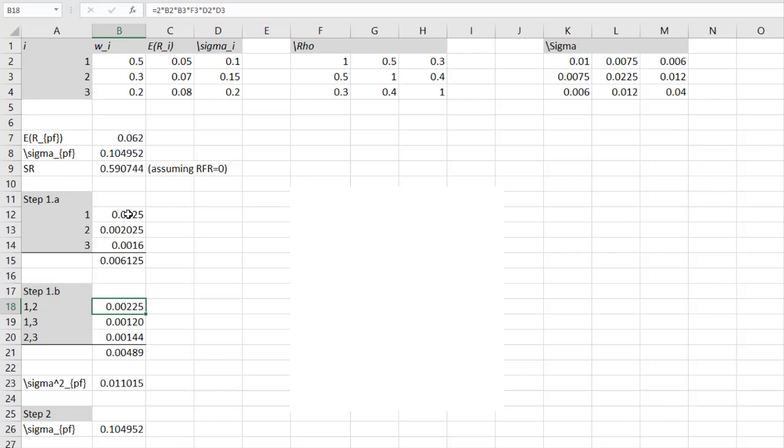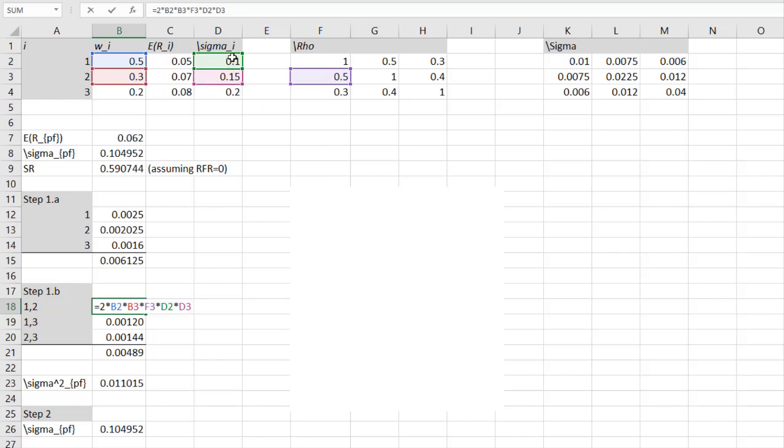For each of these combinations, we had to calculate 2 times wi times wj times the correlation times sigma i and sigma j. Here you see the weights. Here you see the correlation.